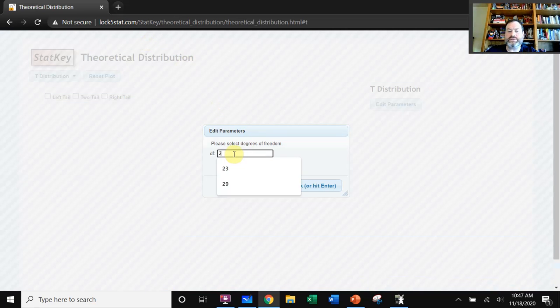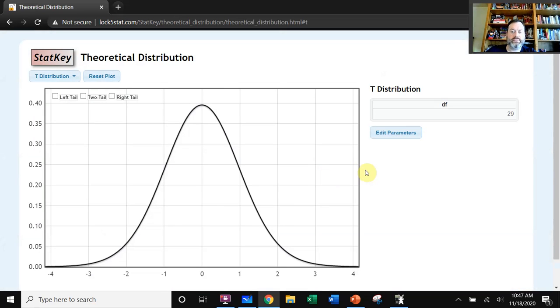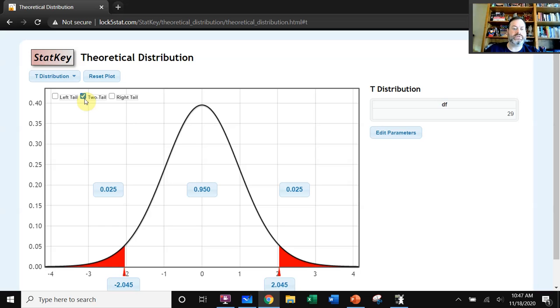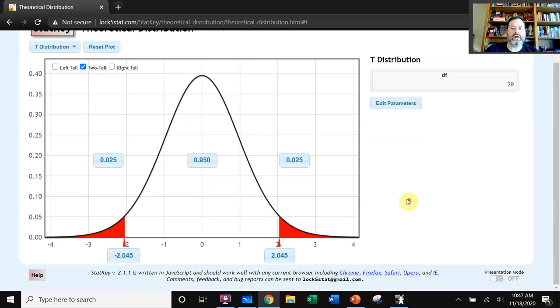And then you type in the degrees of freedom. We had 29. So there's your degrees of freedom over there. It's a confidence interval, so it's two-tail. Change that to 0.95, and you're done. So this one was done for you. If you had to do a 90%, 98%, just change the middle number, just like you did in Chapter 5 with the normal distribution.